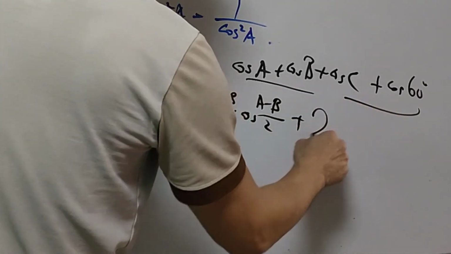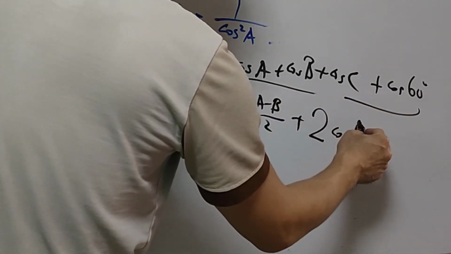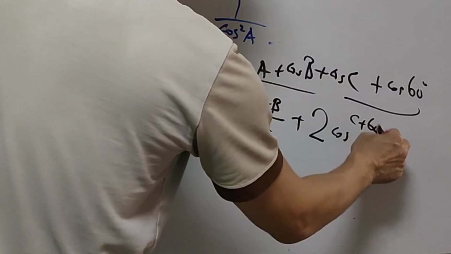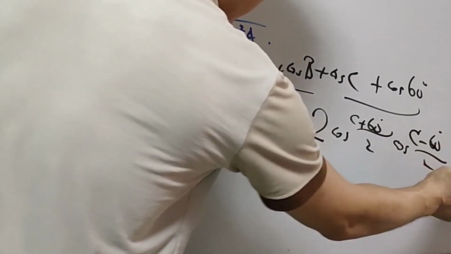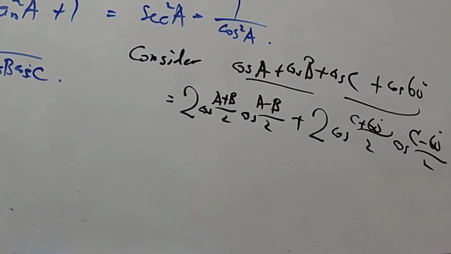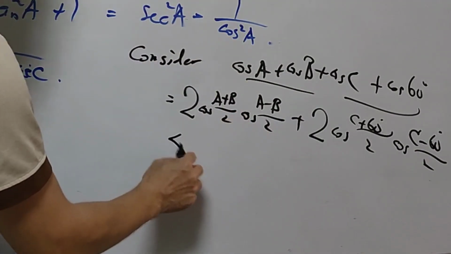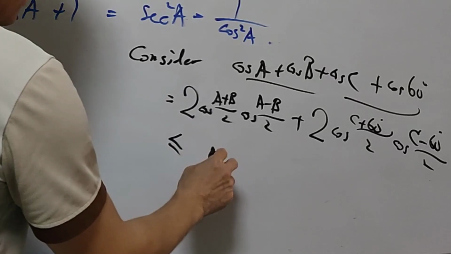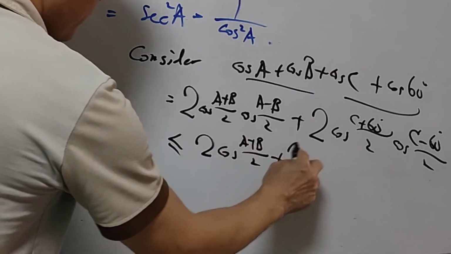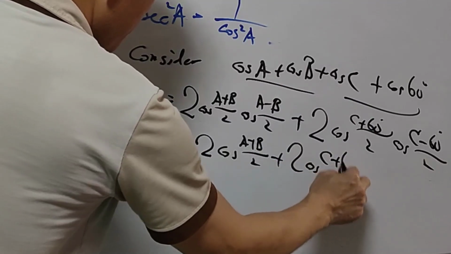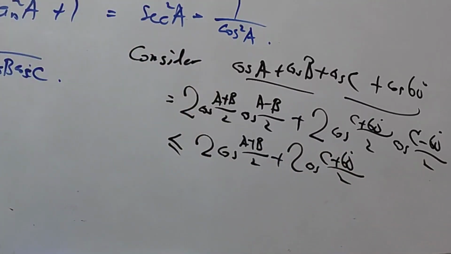And for this, it is similar: cos of (C plus 60) over 2 and cos of (C minus 60 degrees) over 2. And we know that cosine is not more than 1. So this will be less than or equal to 2 cosine (A plus B) over 2 plus 2 cosine (C plus 60 degrees) over 2.